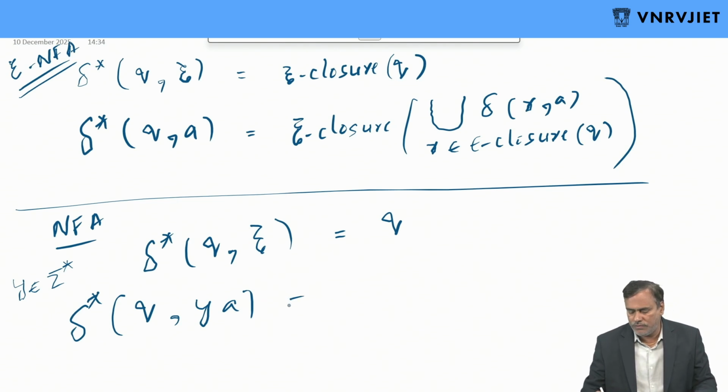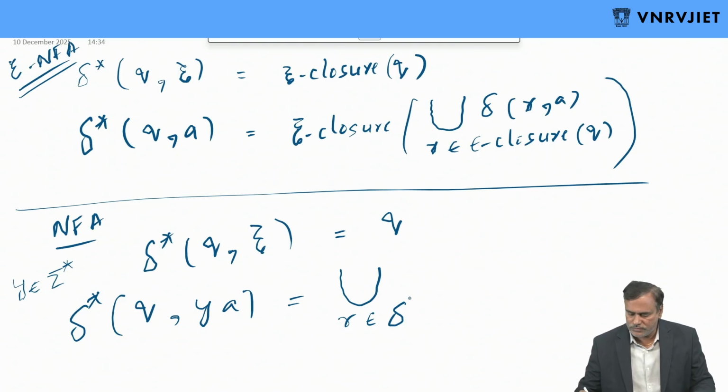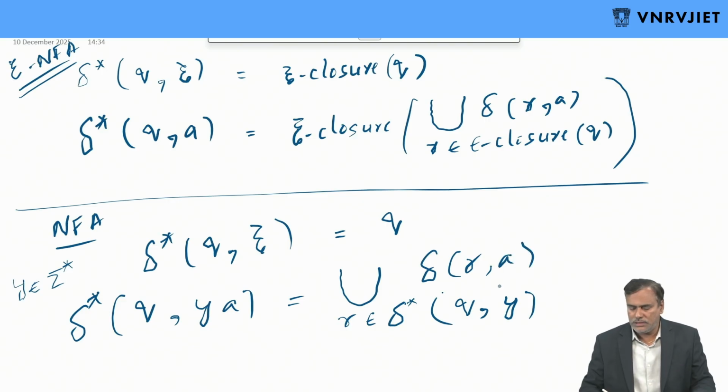That is, delta star of Q YA is equal to the union of R belongs to delta star of Q Y, delta of R A. This is the transition function of NFA.